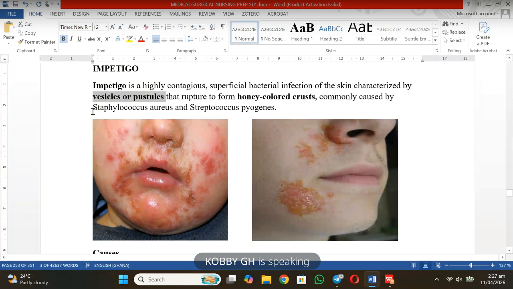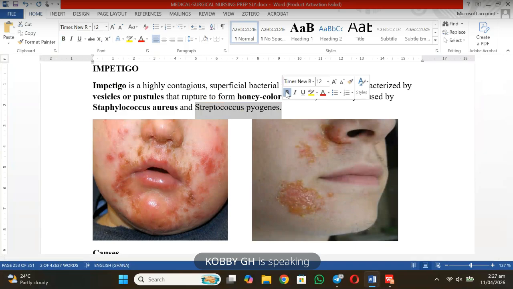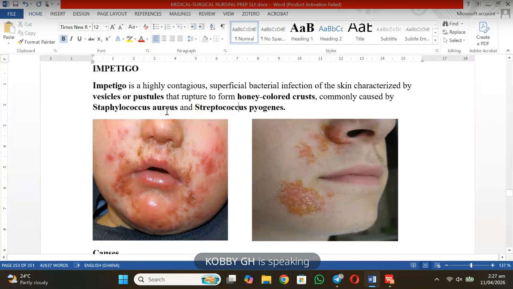This condition is also caused by Staphylococcus aureus and Streptococcus pyogenes. So you see, these are the same organisms that cause cellulitis, remember. But Staphylococcus aureus alone causes furuncle, carbuncle, and folliculitis. These same two organisms cause cellulitis.